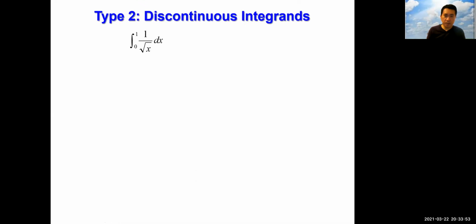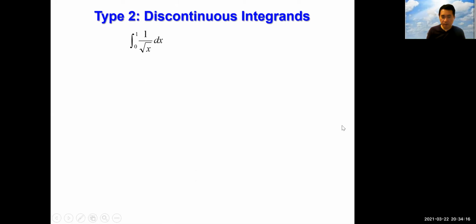Now the second type of improper integral is discontinuous integrands. What I mean is, when you look at the integral from 0 to 1 of 1 over root x, for example, it looks proper, right? It looks proper, nothing's wrong.